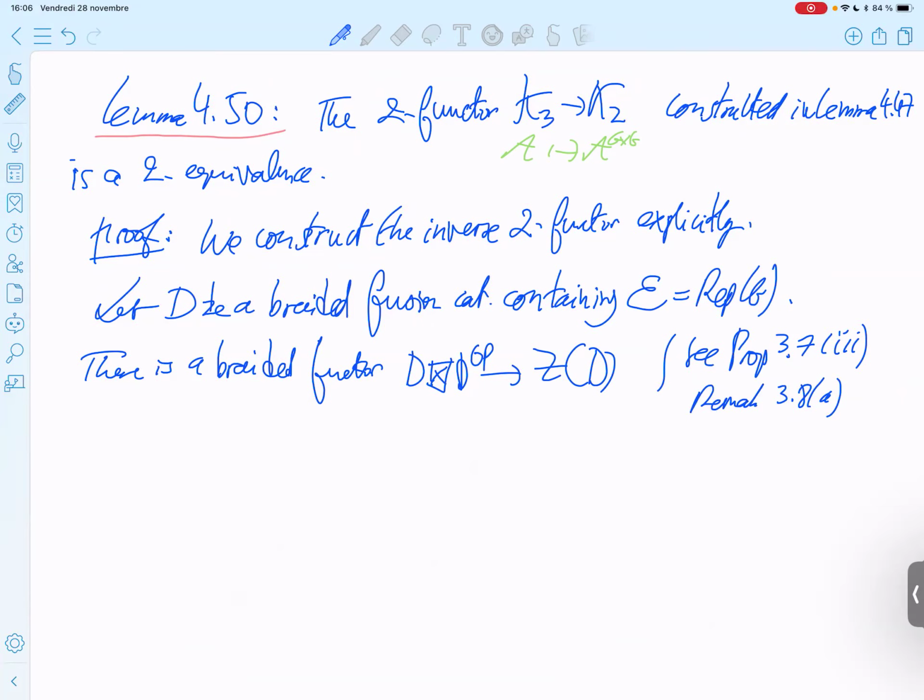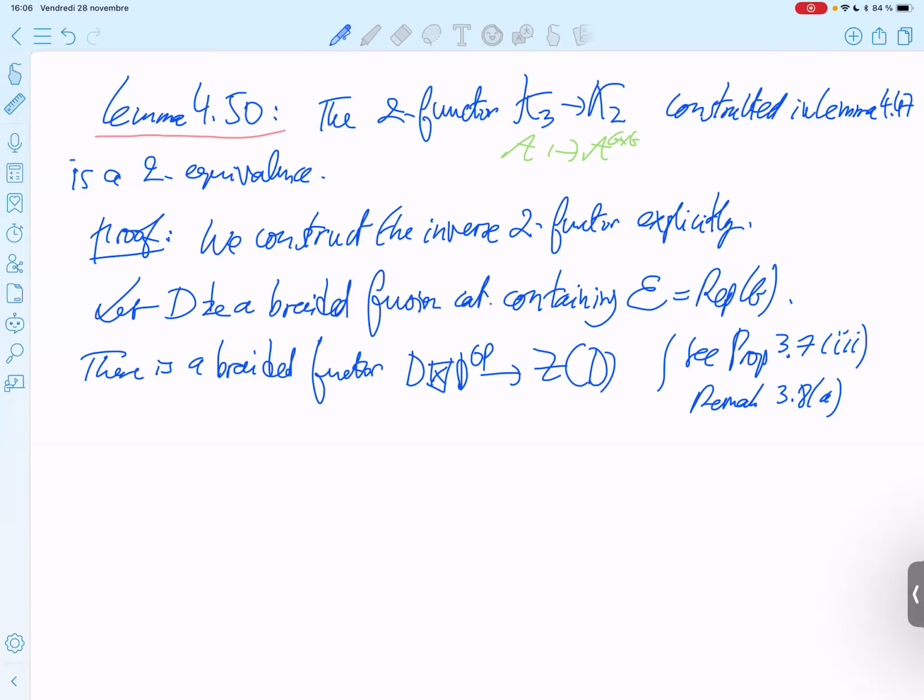What about that? 3.7 was about the way to characterize non-degeneracy using some factorizability. 3.8a is saying the existence. So what about section 2.10? Section 2.10 was the center of a braided fusion category.